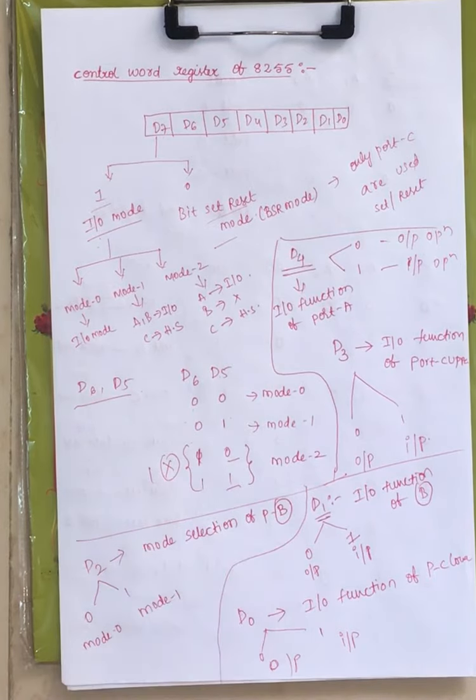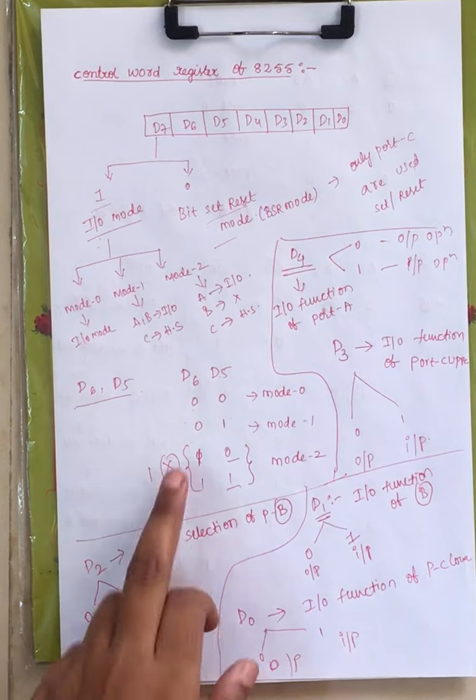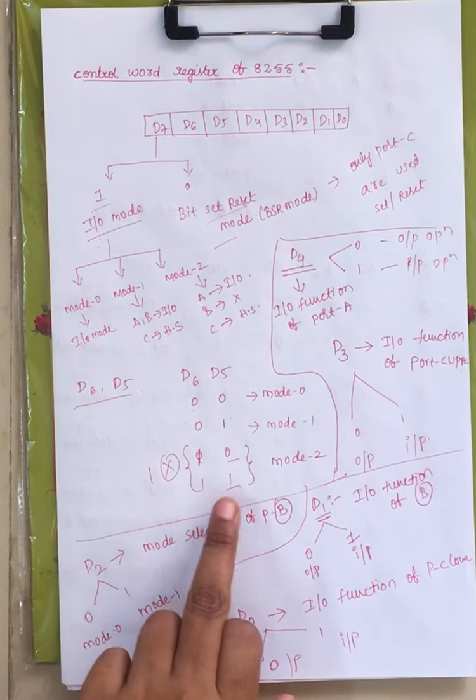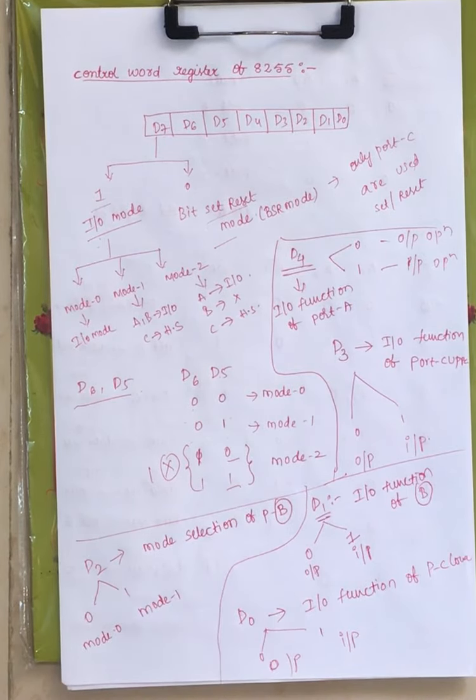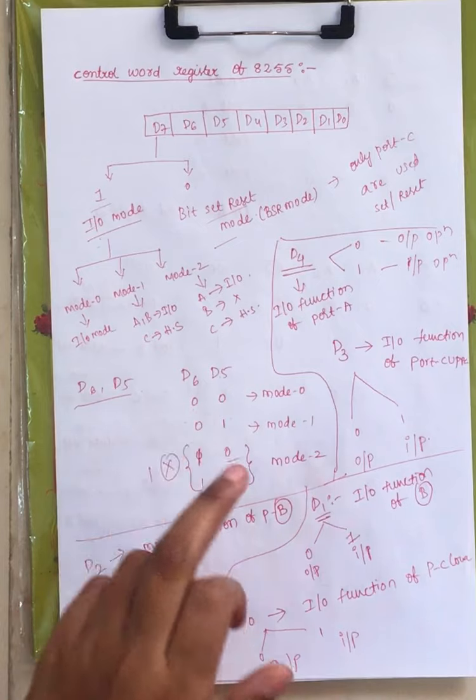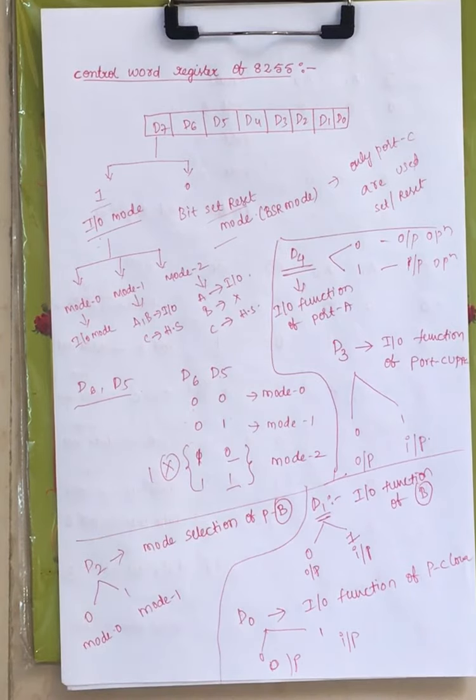For 01, it indicates 8255 is operating under IO mode of mode 1. For 10 as well as for 11, it indicates 8255 is operating under IO mode of mode 2, right? Now these are D6, D5, which are the mode selection bits of 8255.